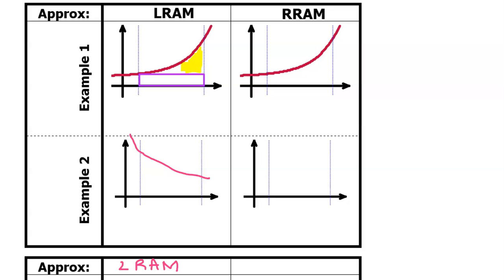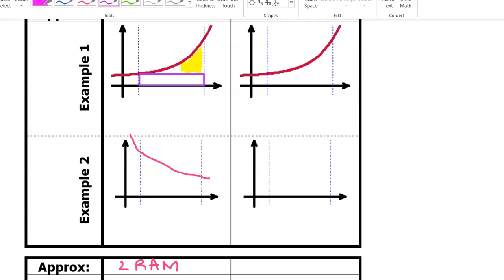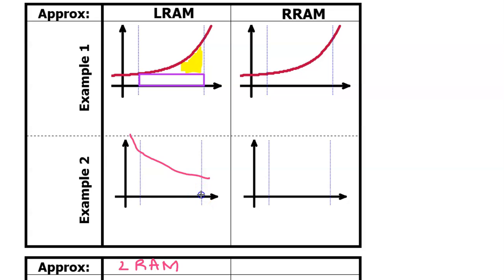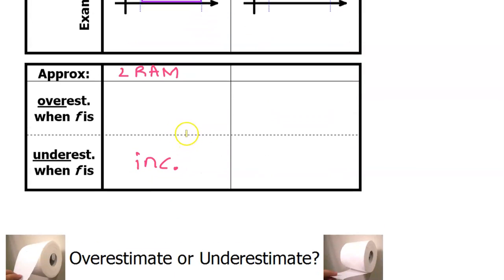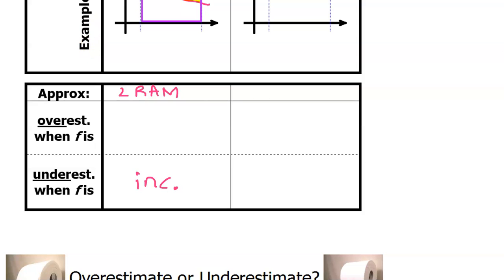Let's do another LRAM and see what it looks like. Here's another LRAM, left rectangle, left edge touching. And this time you can see that it is an overestimate because we're including all of this extra area. Okay, so LRAM is an overestimate when the function is decreasing.